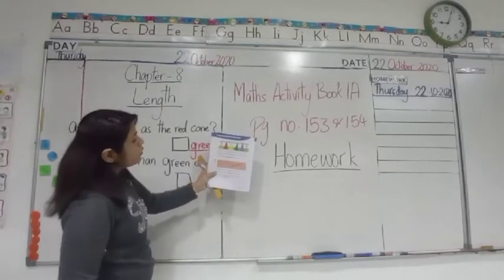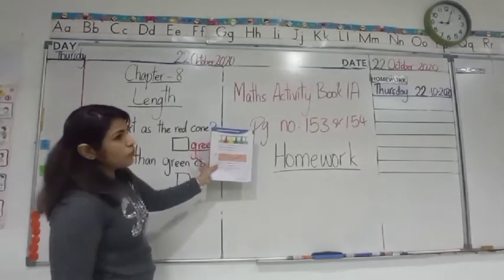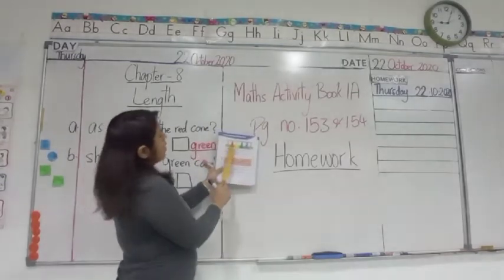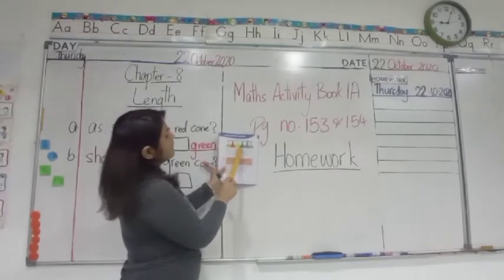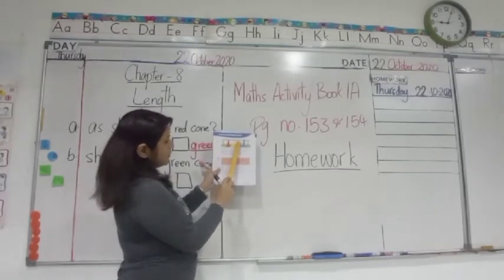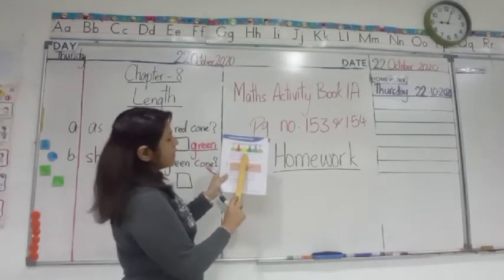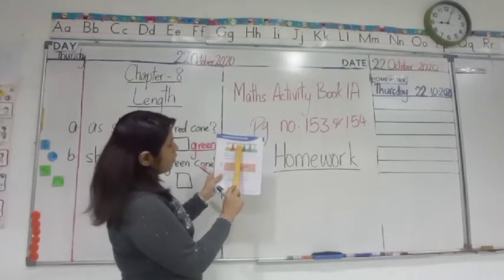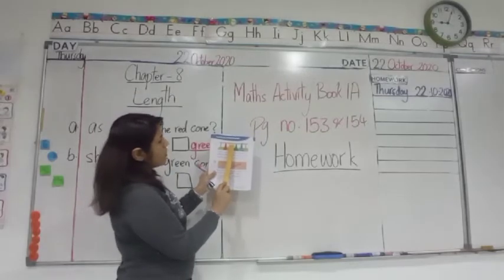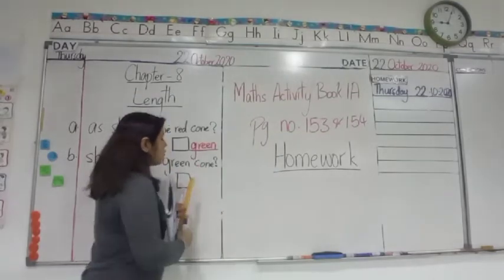Is it the blue, red or yellow? Yes, it is yellow because red is as tall as green. They both are the same height. But here they say shorter than. That means it should be lower. It should not touch the bar. So yellow is the one which is shorter.